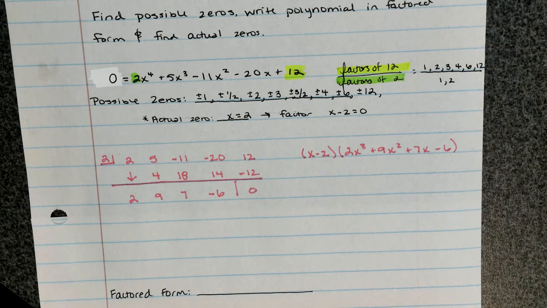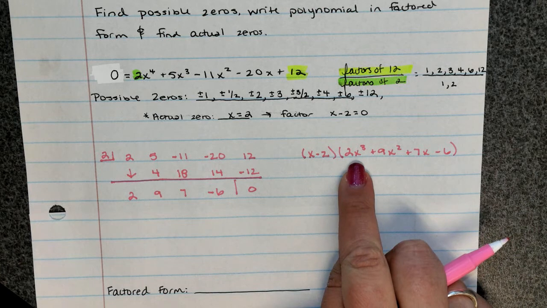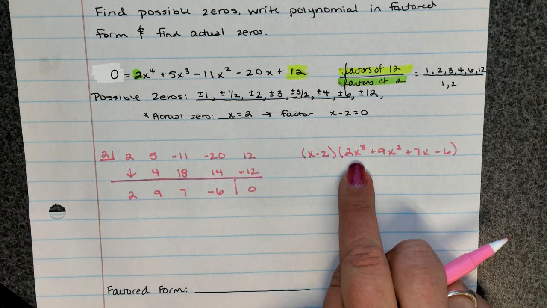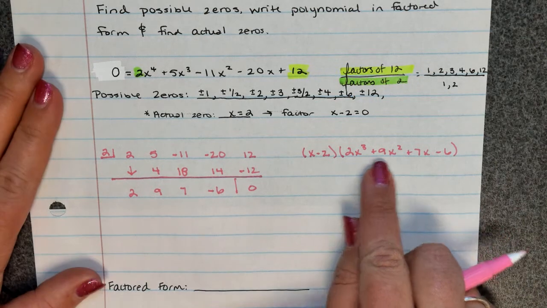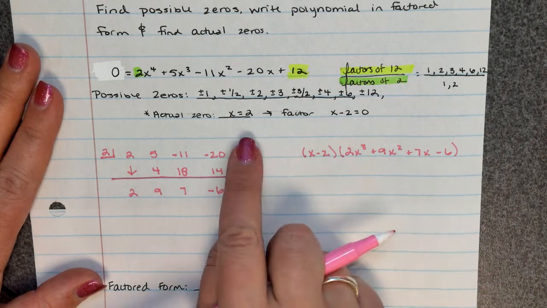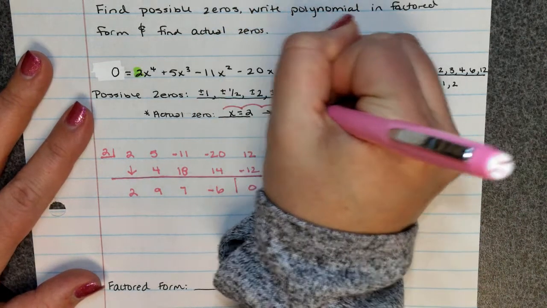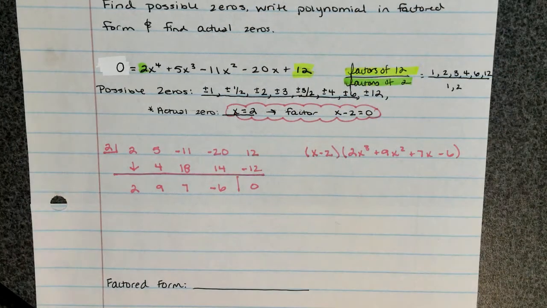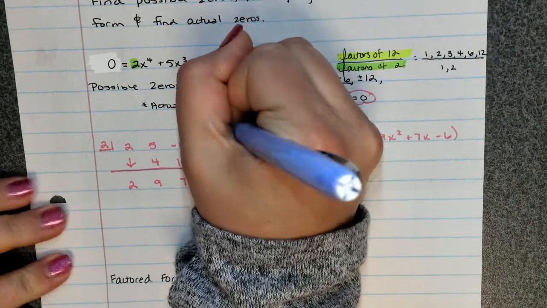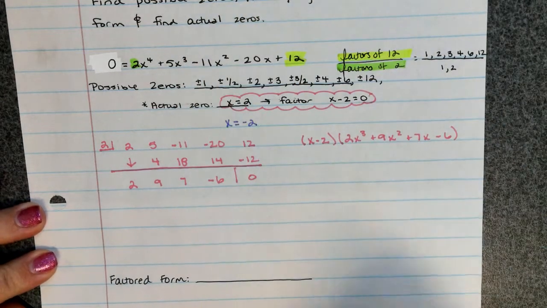That means we're going to have to find another zero, because I don't know how to factor something to the third degree. Okay, so I factored out the x minus 2, but I still have a third degree left. So I found that x equals 2 was an actual zero, but maybe someone else found that x also could be negative 2, because that was another possibility.